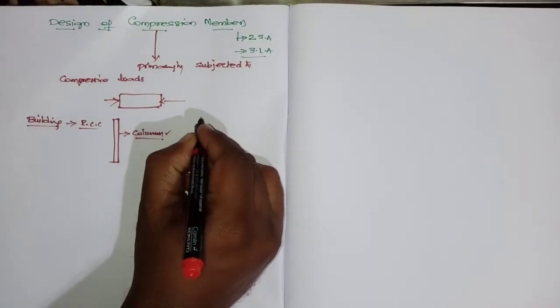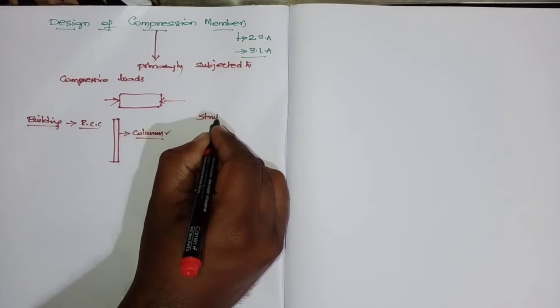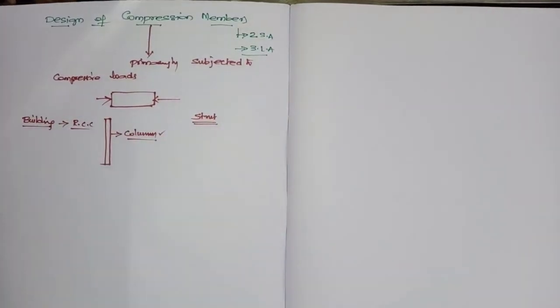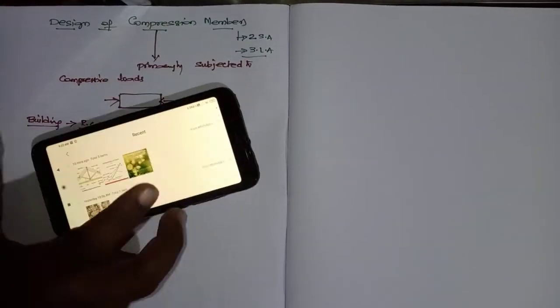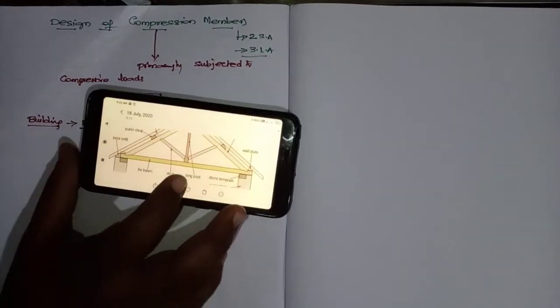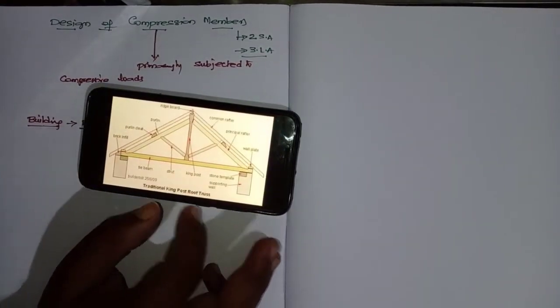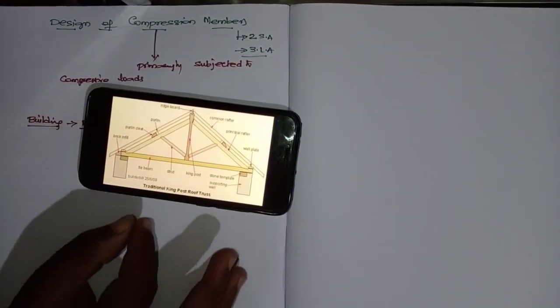Next one is strut. Where can you see a strut? Here, this is a truss member.